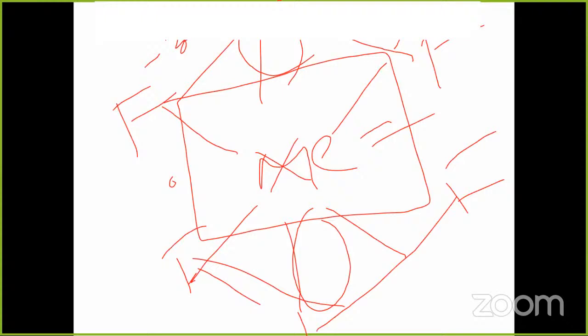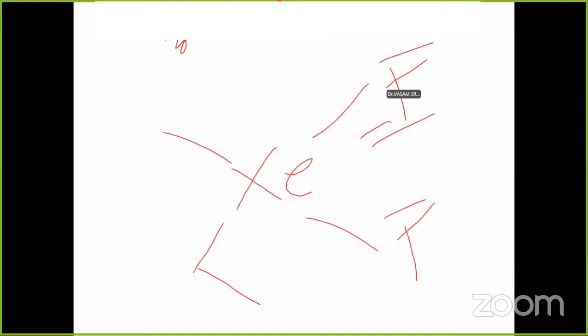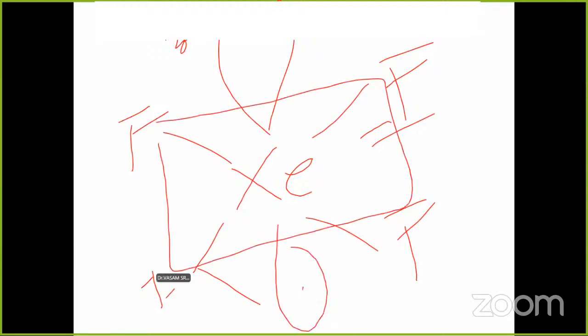So the original structure of xenon F4 actually belongs to octahedral, but due to lone pairs the geometry changed from octahedral to a geometry like this. This is xenon with 1, 2, 3, 4 fluorines like this, and lone pairs. Geometry is square planar.